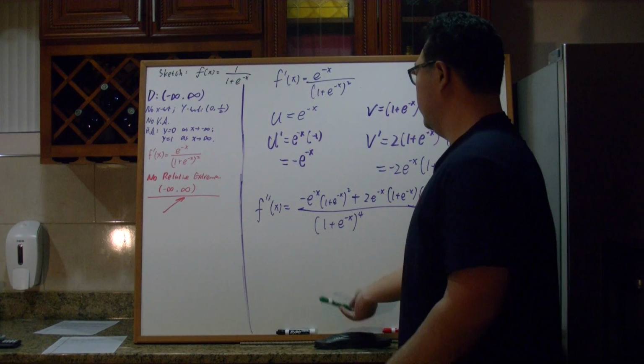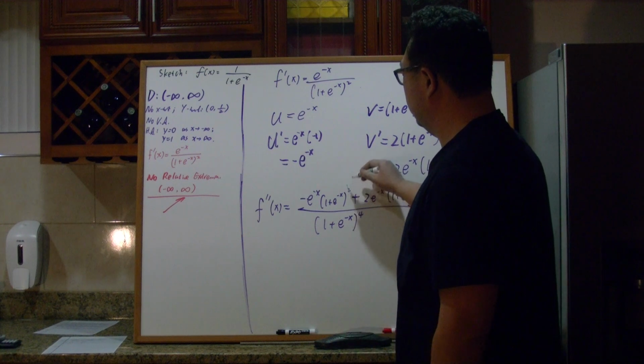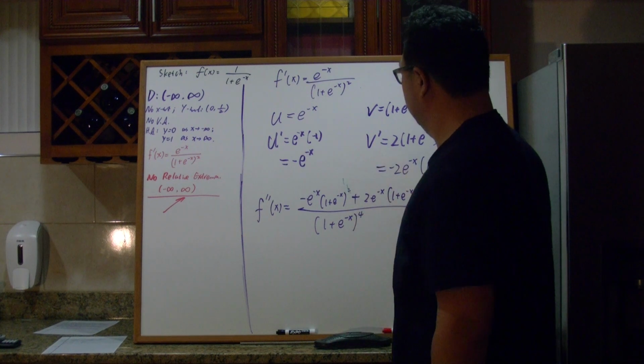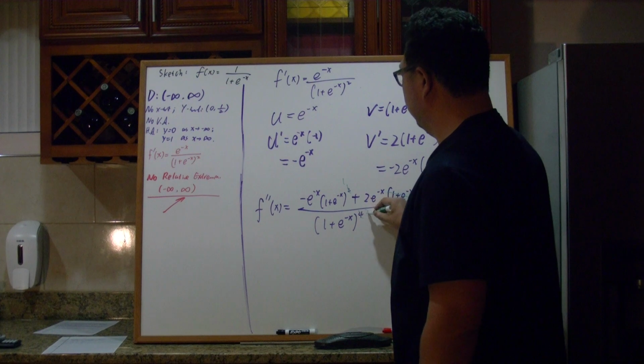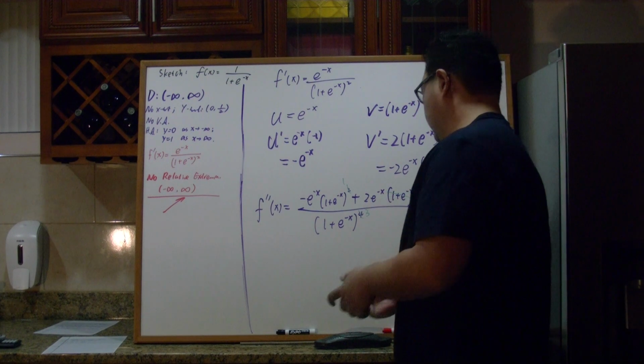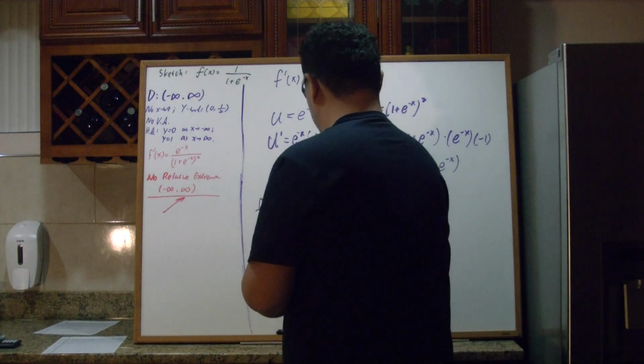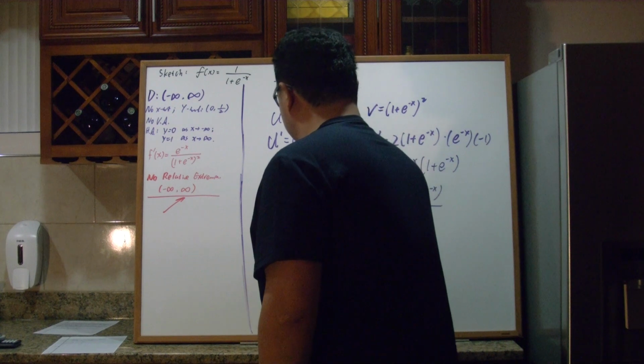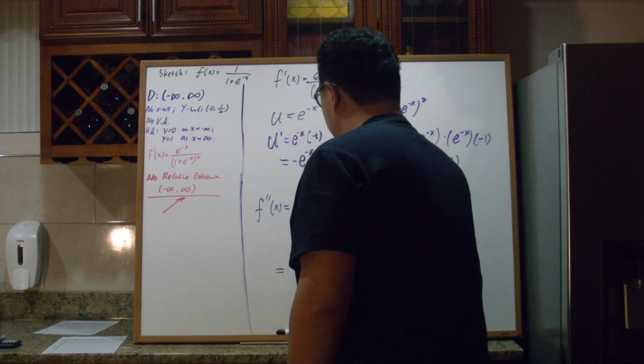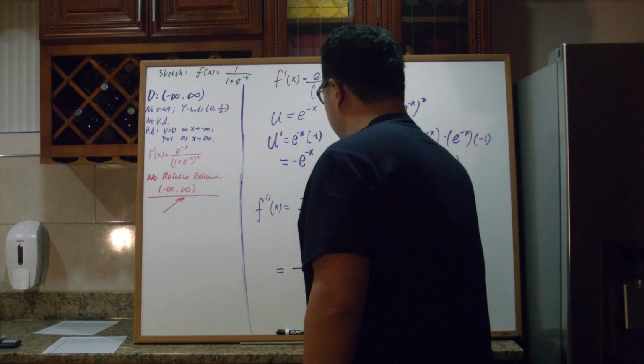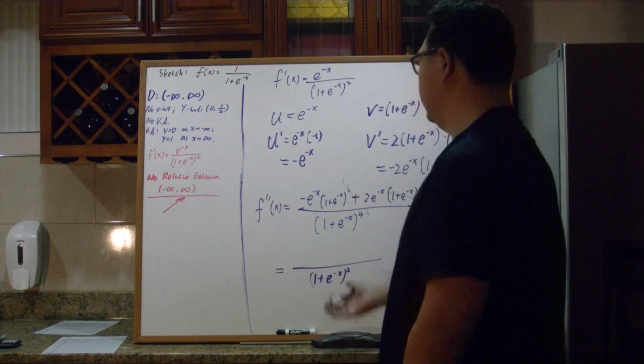What we can do is cancel out the 1 plus e to the negative x from every term. Then we get 1 plus e to the negative x to the third power in the denominator, since it's all positive.